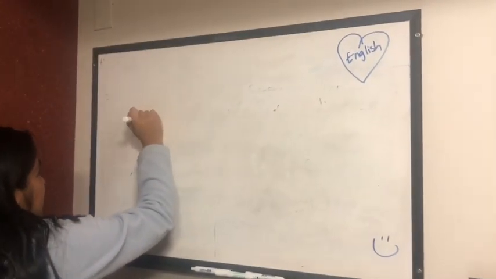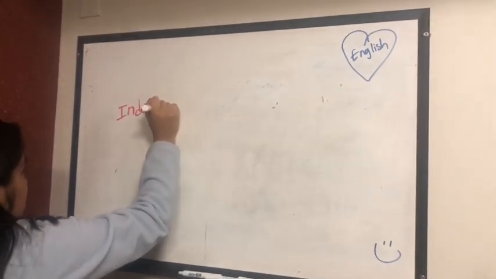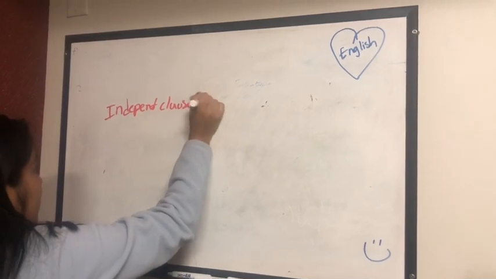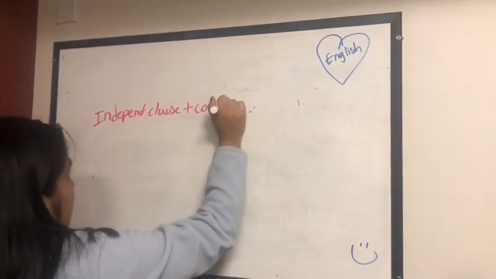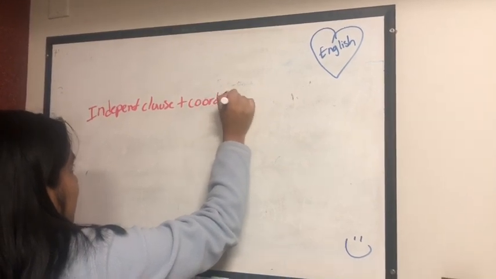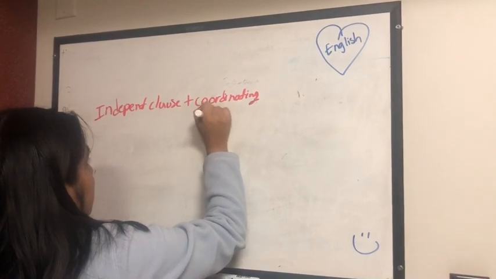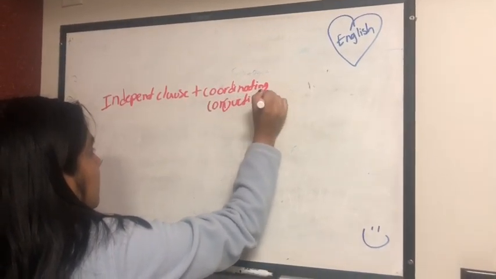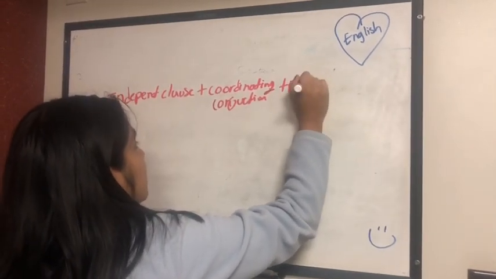To put those two together, we need an independent clause with a coordinating conjunction, and then the dependent clause.